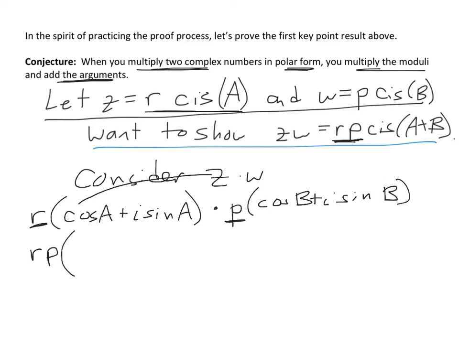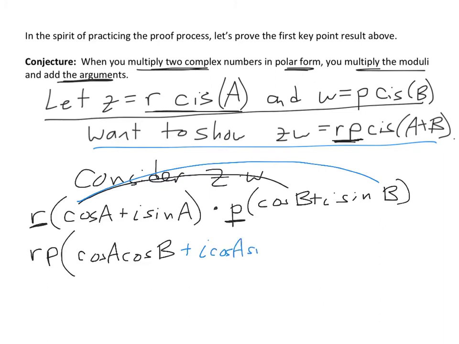You'd have cosine a times cosine b, cosine a cosine b, and then we'd also have these ones. So plus i cosine a sine b. All right, I'm going to keep going through colors here. Then I would do this one times this one.